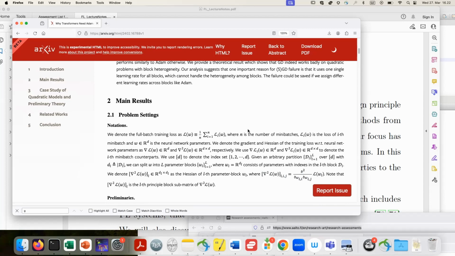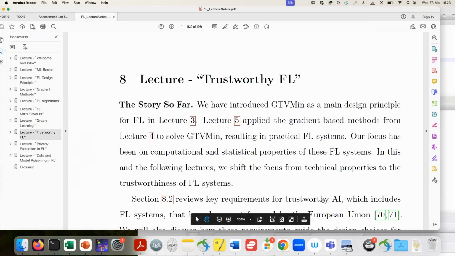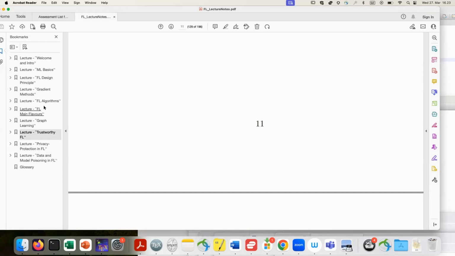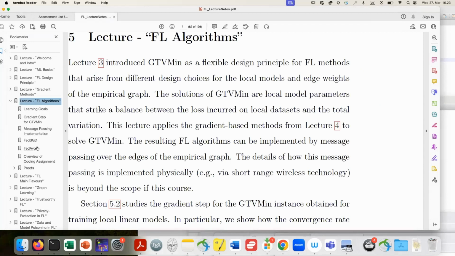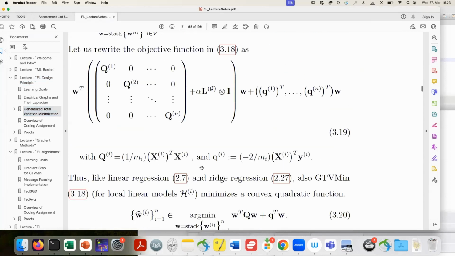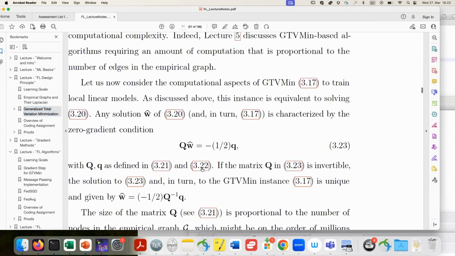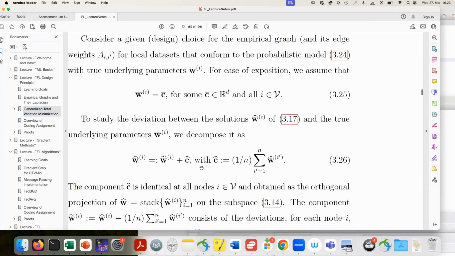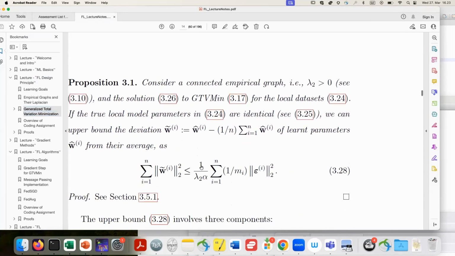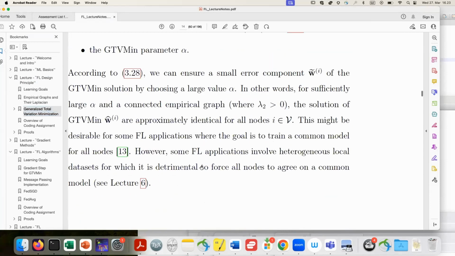So one way to generalize all this analysis in the lecture notes, which is deliberately focused on linear models, because you get somewhat manageable expressions. So let me see one example for this analysis. One example, where did I, here in the federated learning principle, when I present upper bounds. Yeah, here, for example. Oh no, this is too simple.